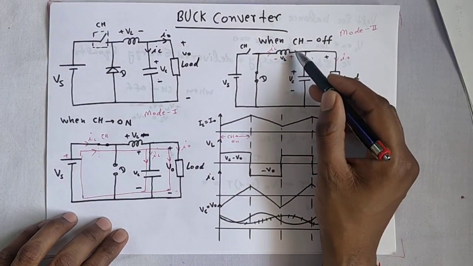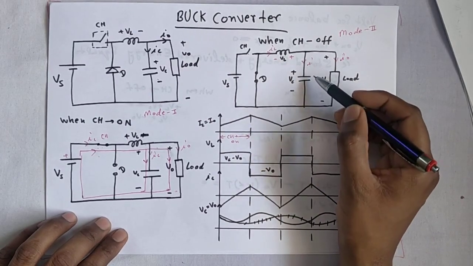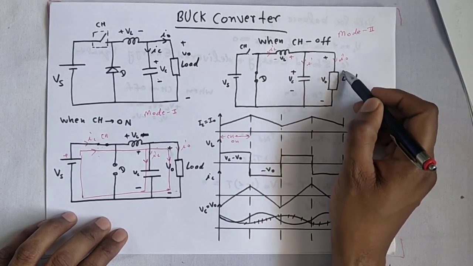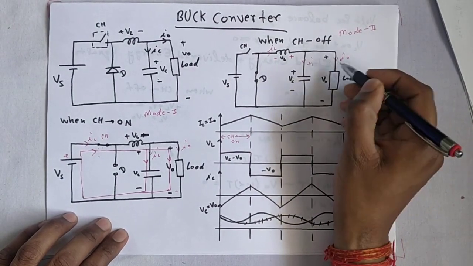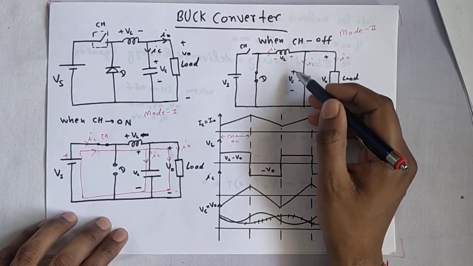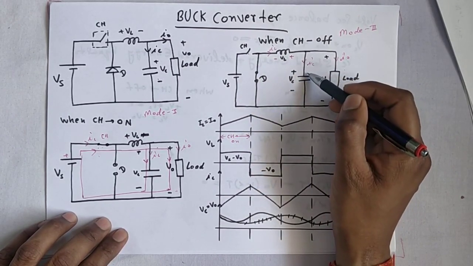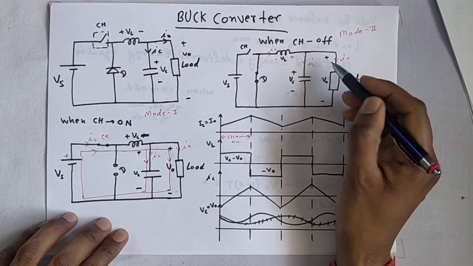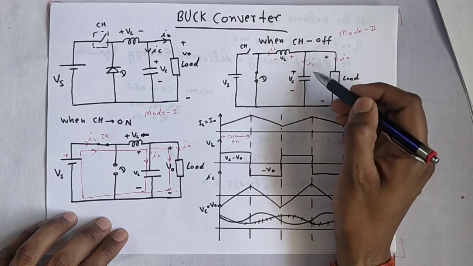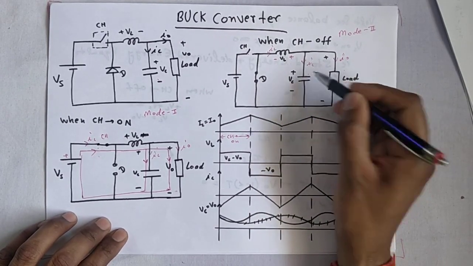When CH is off, the inductor and capacitor are both delivering energy to the load. At the start of CH off, the inductor is charging the capacitor and also delivering energy to the load. When the inductor discharges, current flows through the load only due to the capacitor.